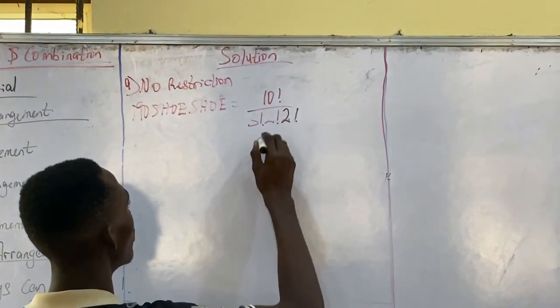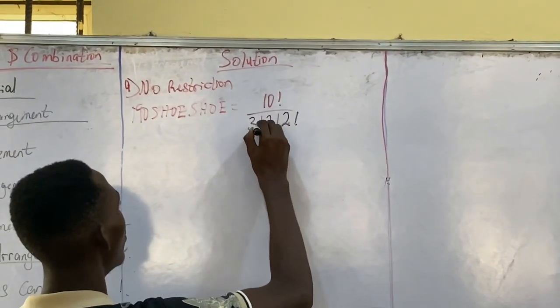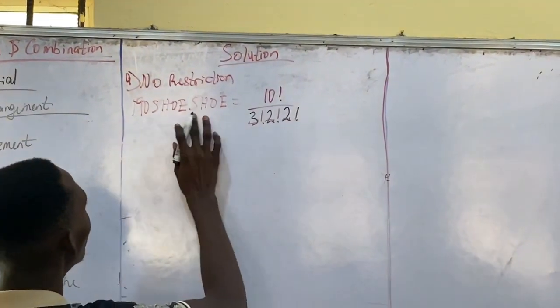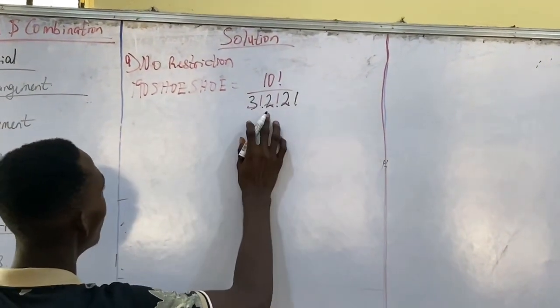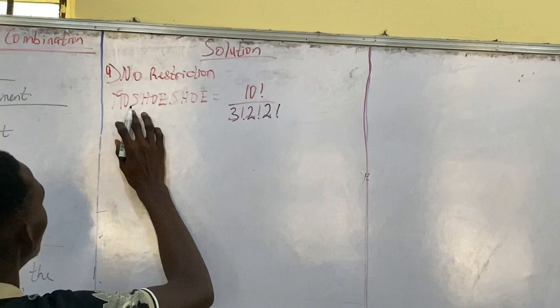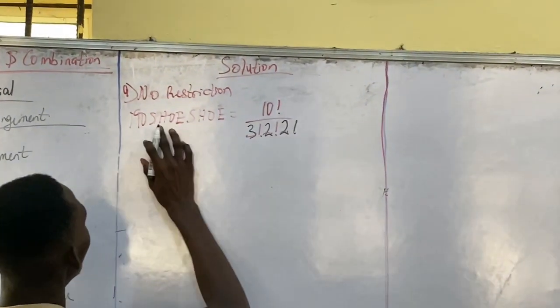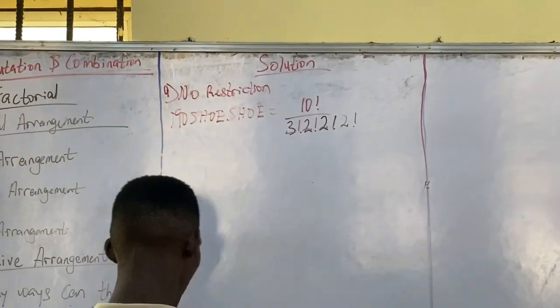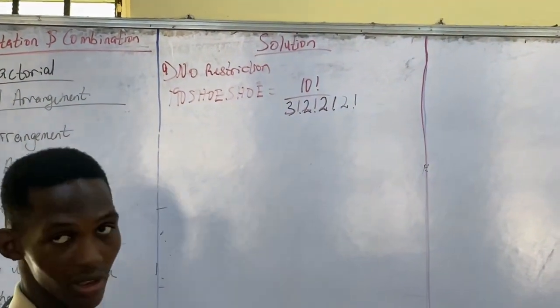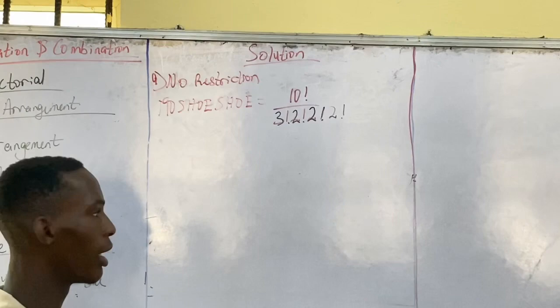And E, that's another 2 factorial. O appeared 3 times, S 2 times, H 2 times, then E 2 times. Now, how do we solve this? How do we go about this?